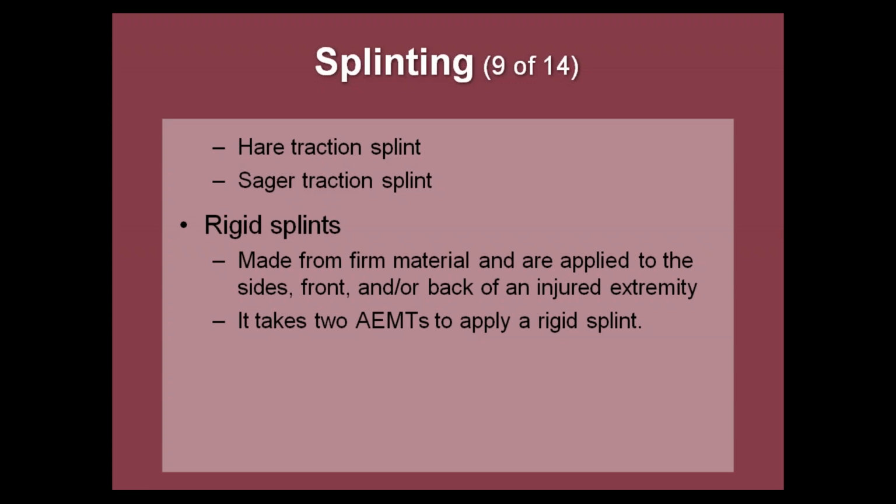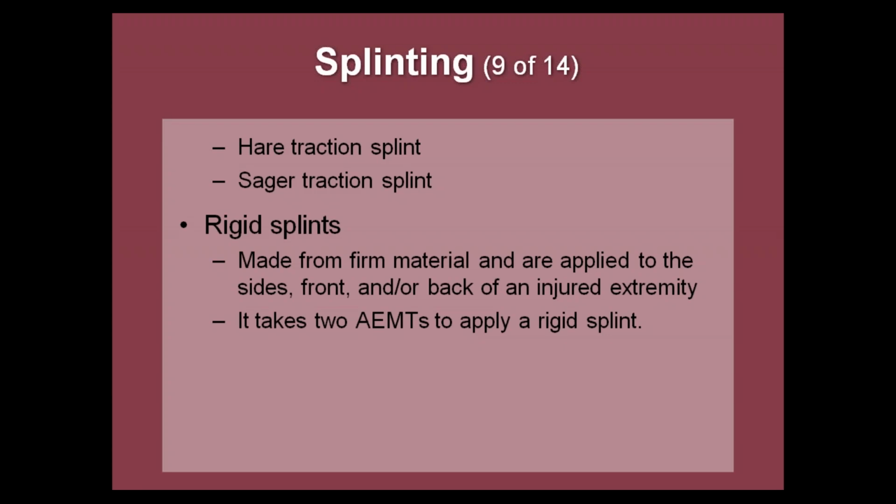We have a couple different sizes, I believe. You're going to find those either folded in packages or in a roll. Those SAM splints can be cut relatively easily with the trauma shears, so you can cut to what you need.